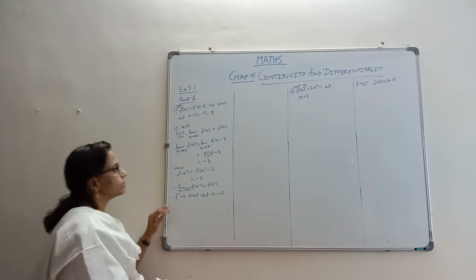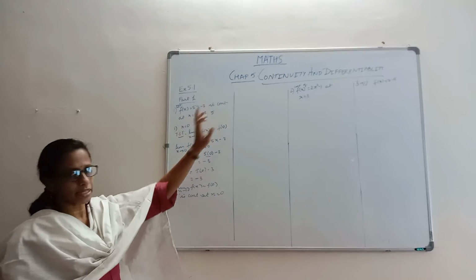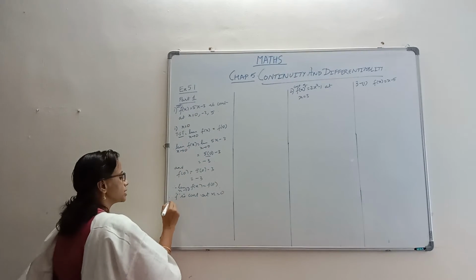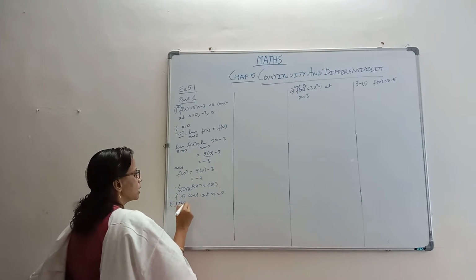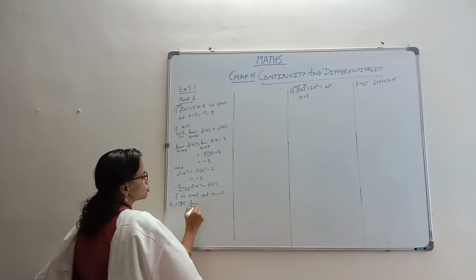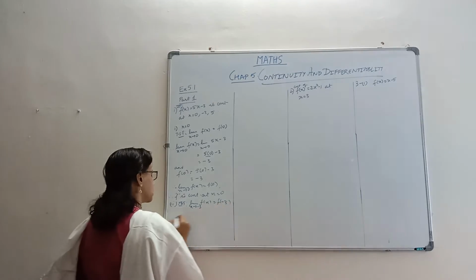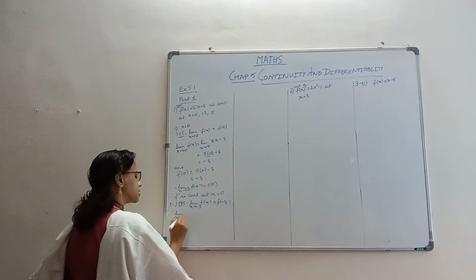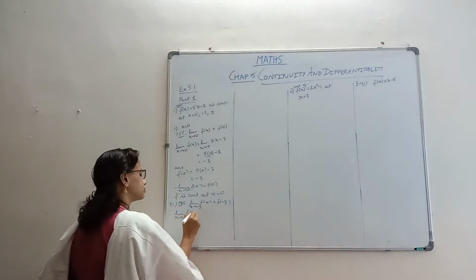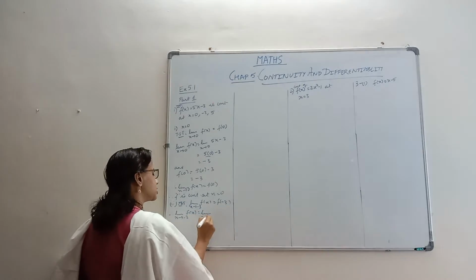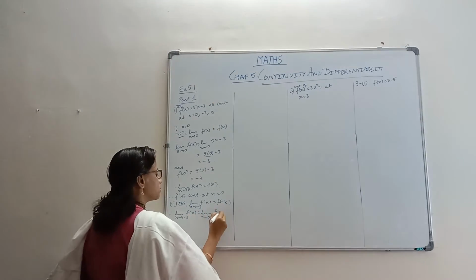Now this is the same idea we have to continue for minus 3 and 5. So gradually we will do it. The second subpart, we are supposed to show that limit as x tends to minus 3 f of x is f of minus 3. Let's find this. Limit as x tends to minus 3 f of x, that is limit as x tends to minus 3 of 5x minus 3.